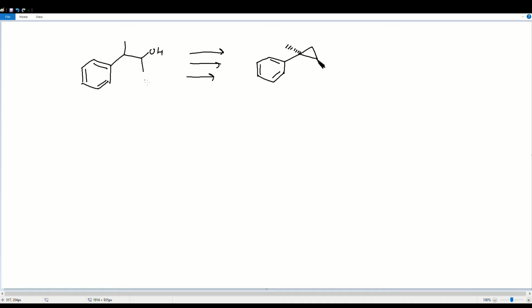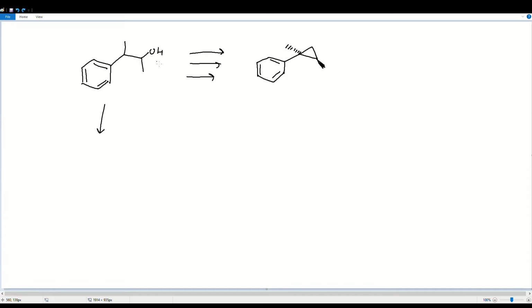In my mind's eye, I know that in order to get this, I have to have a double bond. So I have to somehow turn this part of the molecule into a double bond. And I can kind of see a sequence of moves that involves turning this into a halogen and then performing E2, and then using that double bond that forms from E2 to form our ring there.